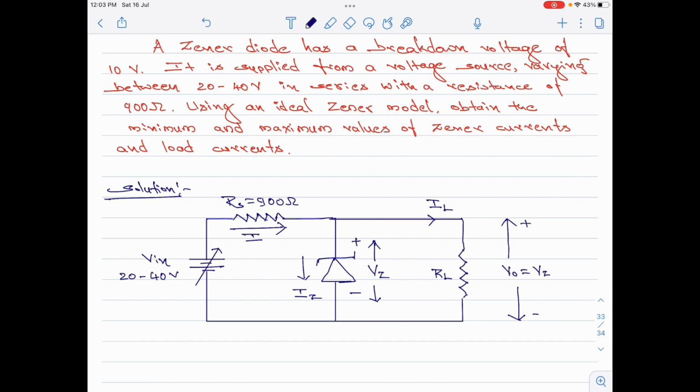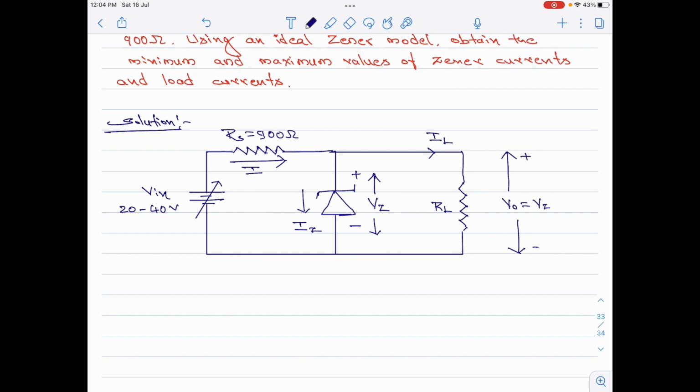We have a Zener diode which is told to be already on. The value of the load resistance is not specified here, however, we do not require it for this numerical. Please note the diode given here is told to be an ideal Zener diode. So, the value of its forward resistance is 0 and the value of the minimum current flowing across it will also be 0. Please note that point.